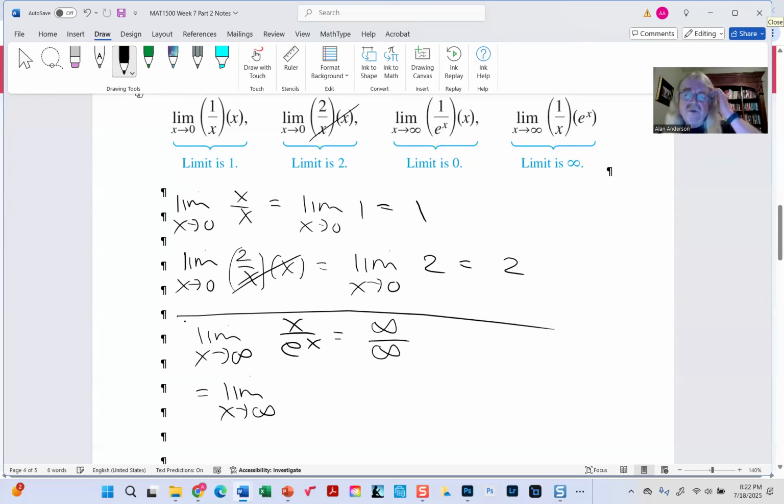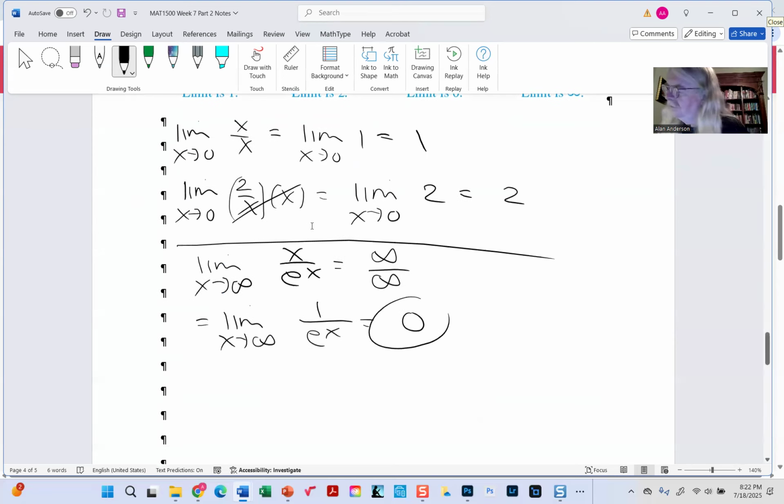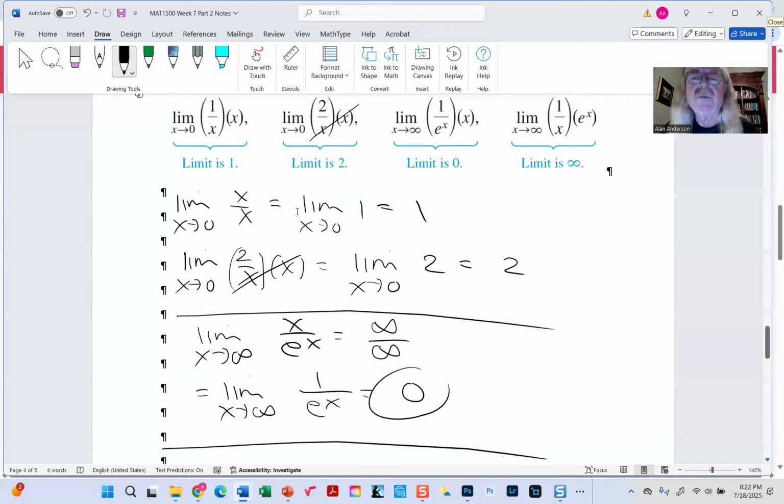The derivative of the numerator is 1. The derivative of the denominator is e to the x, and we ultimately end up with 0. Okay, beautiful.